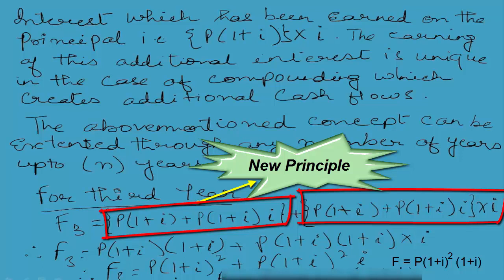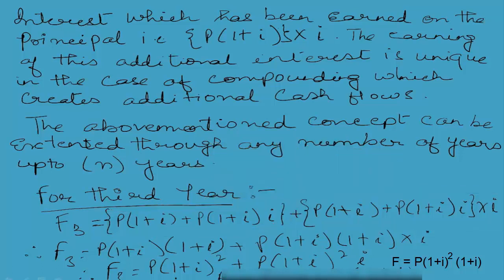This new principal at the beginning of the third year happens to be the closing principal and interest at the end of the second year, which you have already seen in the last slide.